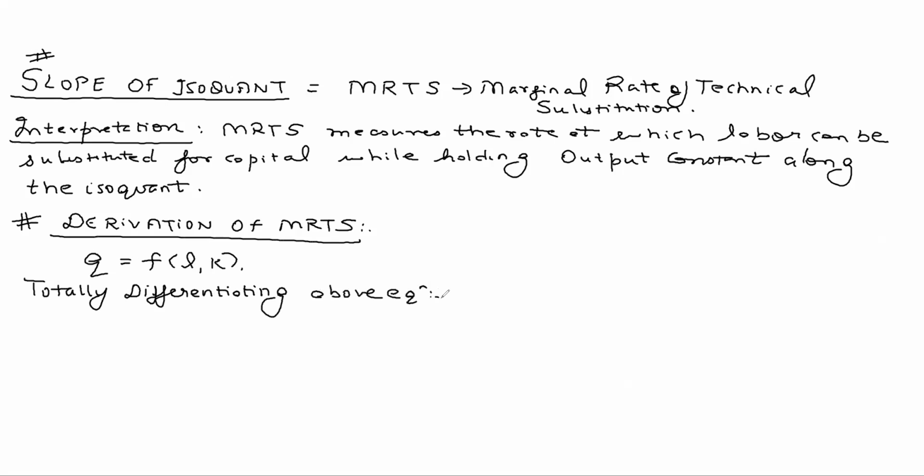Now guys, how do we totally differentiate it? dQ is equal to del f by del L into dL plus del f by del K into dK.